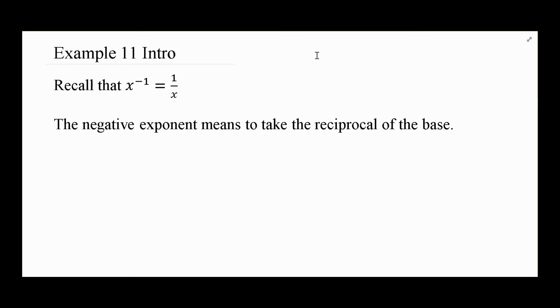We don't want to memorize this as just saying take the reciprocal, because there's lots of things we can take the reciprocal of, like the exponent or the base. It's important to say that when I'm raising a base to a power, what I'm taking the reciprocal of is that base. So in our simple definition here, the base is x, the power is negative 1. We're taking the reciprocal of x, so it becomes 1 over x.